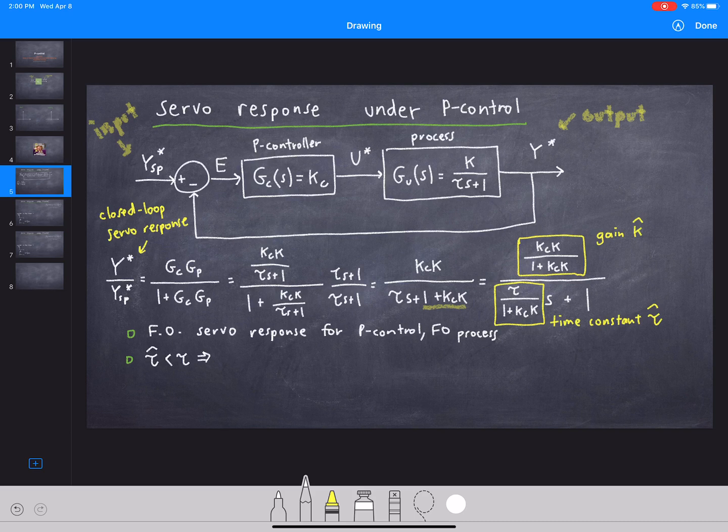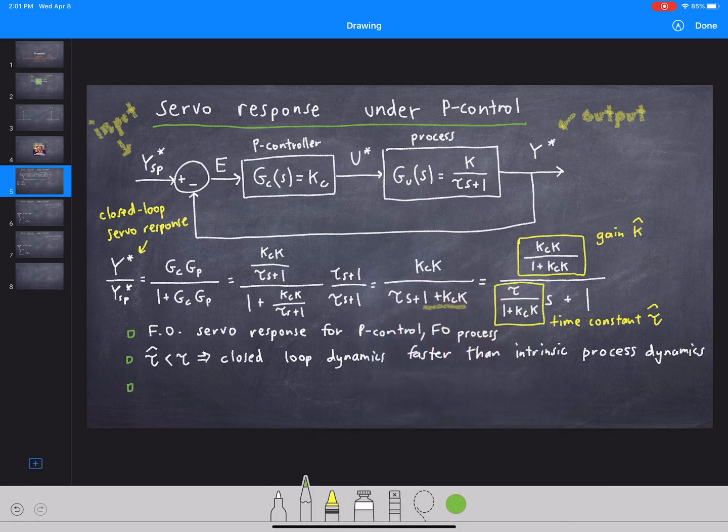And so the closed loop dynamics are faster than the intrinsic process dynamics. So by outfitting this with a P controller, then we can achieve dynamics that are much faster than the time scale of the process. So closed loop dynamics faster than the intrinsic process dynamics. So that's quite interesting. And the larger you make KC, the more this becomes true. The more extreme this statement is, I should say.